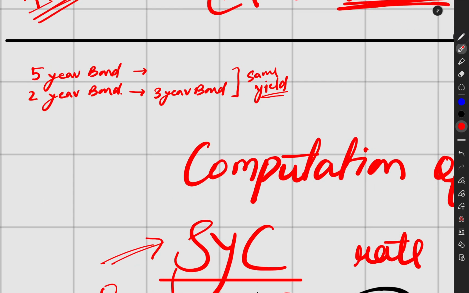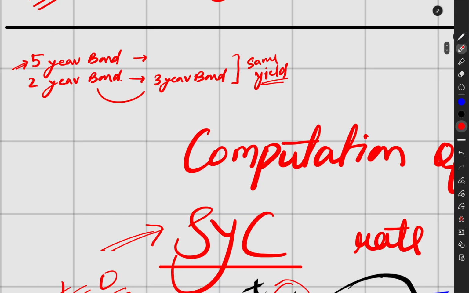Otherwise there would be arbitrage. If the 5-year bond was giving a better yield and this combination was not, then people would sell this combination and buy the 5-year bond. So using arbitrage pricing, we can arrive at something equivalent. A 5-year bond will give the same yield as a 2-year bond at T0 plus a 3-year bond at T2. This can then be extrapolated by using the IRR method.